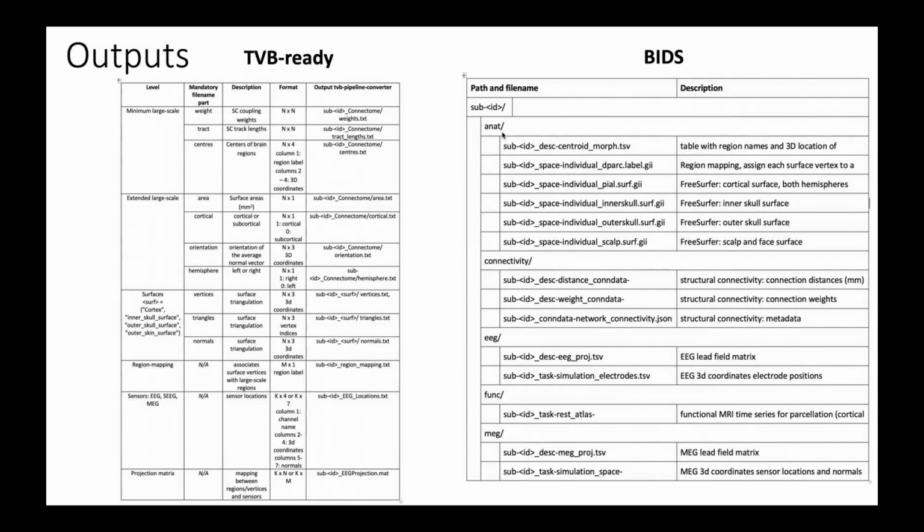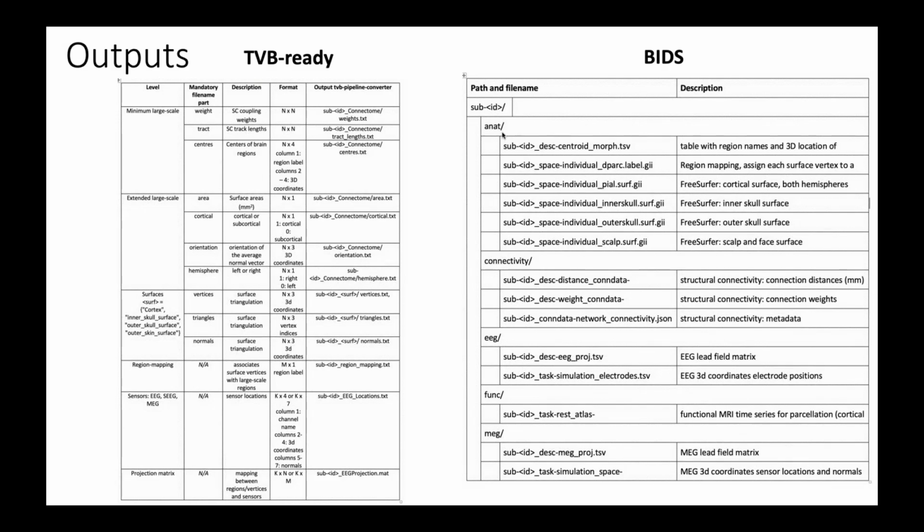What we store in these output files are the weights, which is an n times n matrix of coupling weights. We have the tract lengths, the centers of brain regions, and the surface areas of the cortical area of each brain region. We denote whether it is cortical or subcortical, have an estimation of the average orientation of this area, and whether it belongs to the left or right hemisphere.